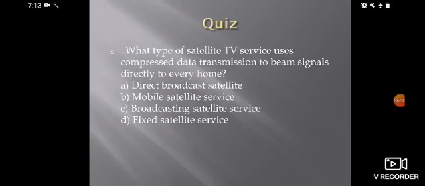The first option is direct broadcast satellite, the second is mobile satellite service, the third is broadcasting satellite service, and the last is fixed satellite service. What type of satellite TV service is used for compressing data transmission to beam signals directly to every home? Please note this question.